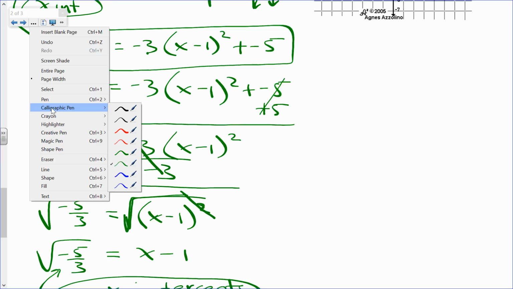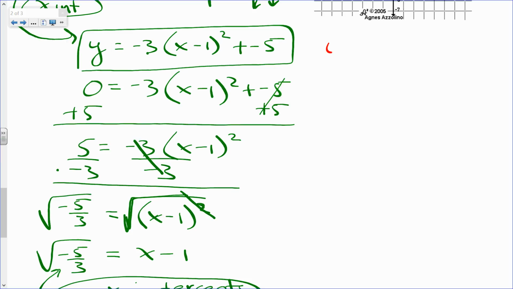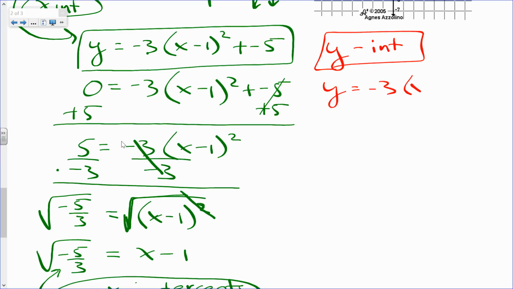Excellent. So let me rewrite the equation right here. I'm finding the y-intercept here. So y is equal to -3 times (x minus 1) squared plus -5. Like Camacho said, at the y-intercept the x is always 0.